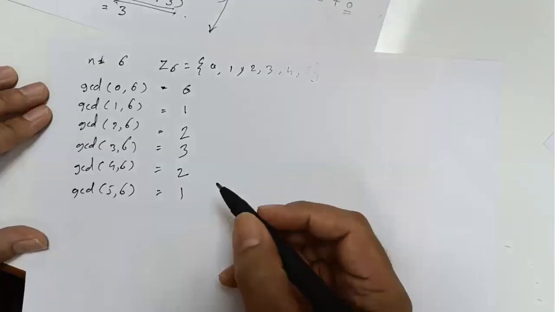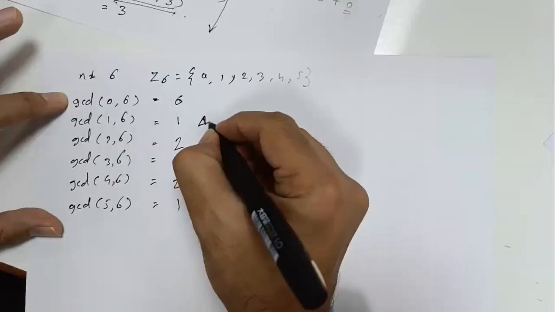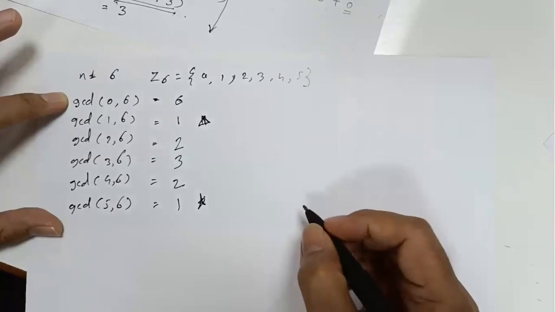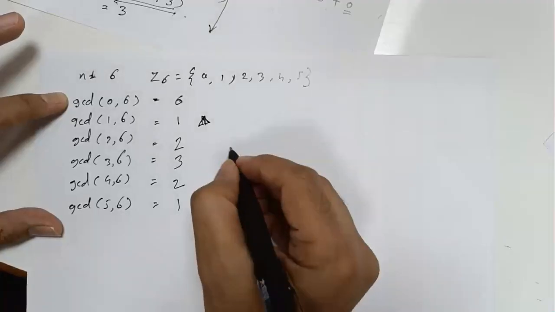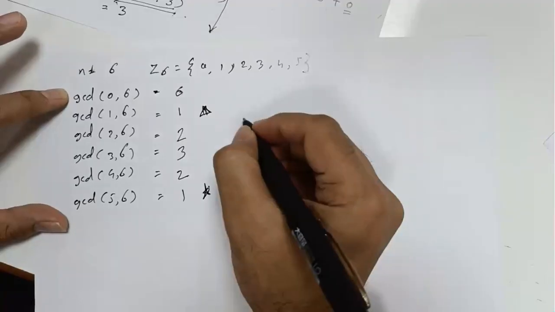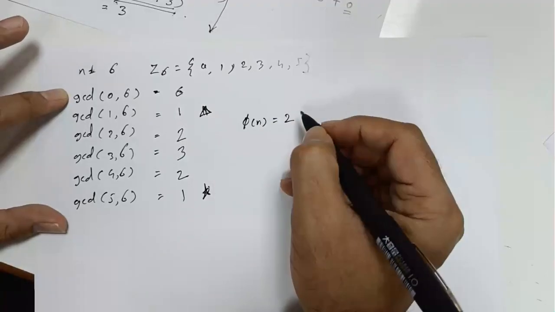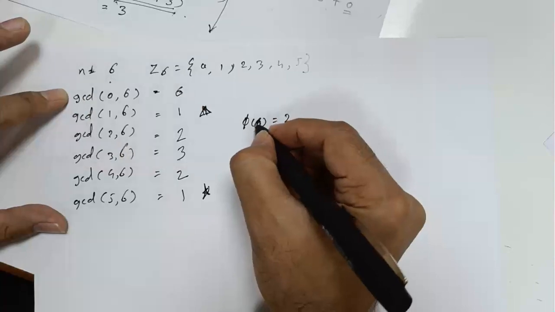Okay. Now, once you have these values, you have to count those numbers which are ones. So what I have got from this is phi of n is 2 when n is equal to 6, or you can say phi of 6 is 2.